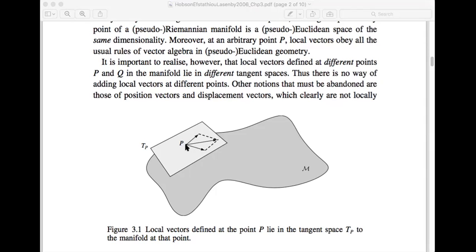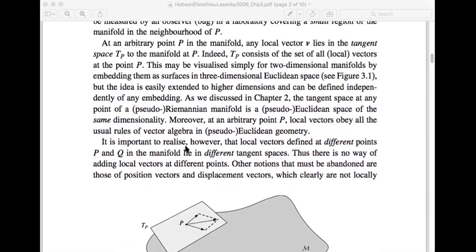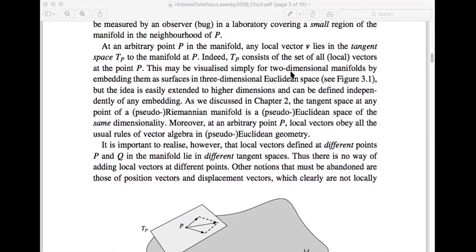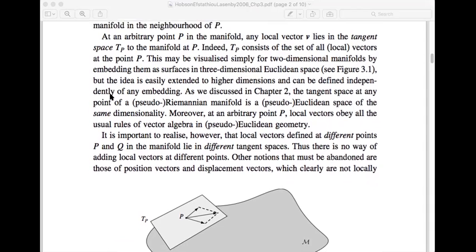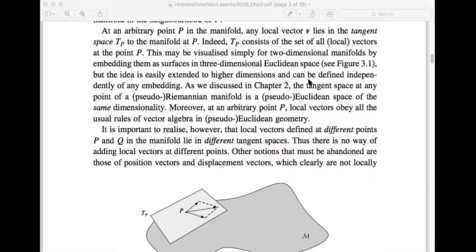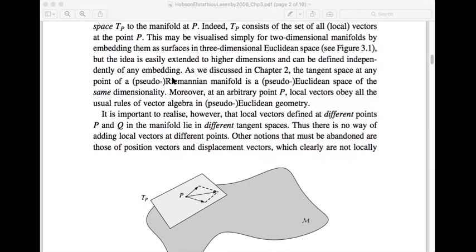Let's go back to his description. This may be visualized simply for the two-dimensional manifolds by embedding them as surfaces in three-dimensional space, as in figure 3.1. But the idea is easily extended to higher dimensions and can be defined independently of the embedding space. For us, the embedding space here is three-dimensional Euclidean space in which this two-dimensional surface lives. You can, with some effort, just imagine that the only thing that exists is this two-dimensional space.